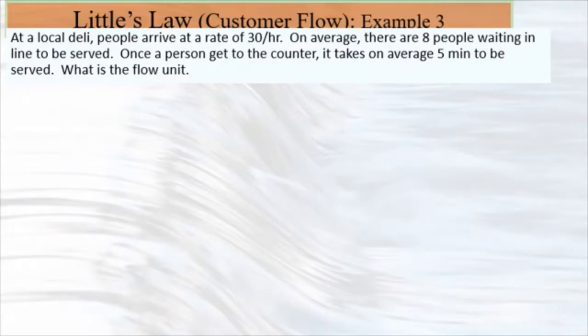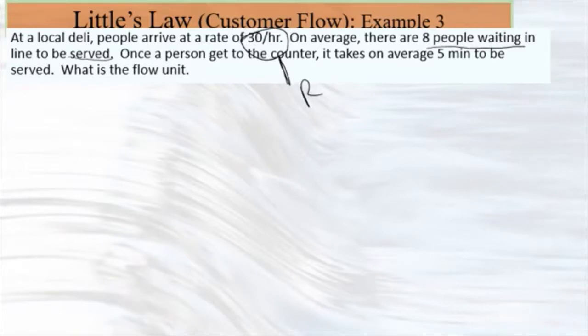So we're looking at a local deli where people arrive at a rate of 30 per hour. So that's basically your R. Remember, arrival rate and output rate has to do with R. On average, there are 8 people waiting in the line to be served.